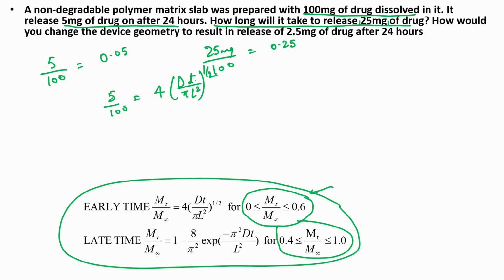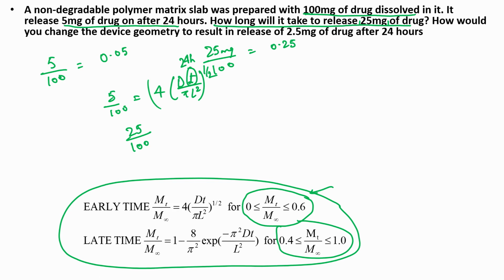So, this is a time t, let us say this time is 24 hours in this case. To get to 25 milligram, so if I do 25 by 100, this whole thing will have to increase by 5 times, because this is 5 times of this.